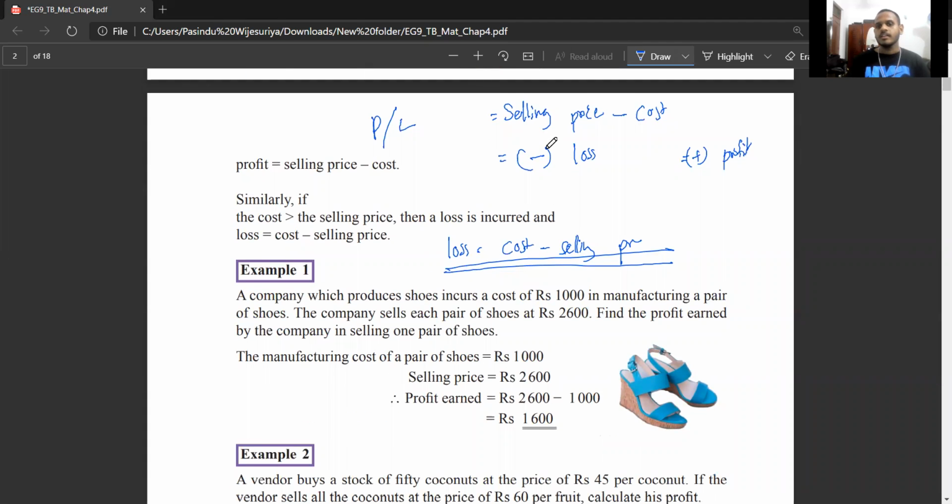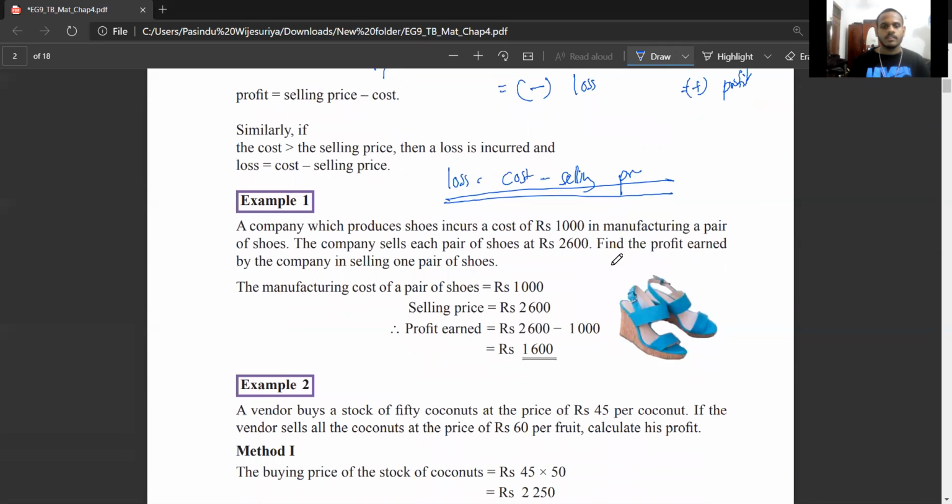It doesn't matter, but for you to identify whether it's a profit or a loss, if it's given in terms of the actual gap, then if it's negative, it's a loss. But if you are telling it in terms of a loss, you can say it as a positive figure. The loss is rupees 200, rupees 1000, whatever. And if it's a profit, it's anyway coming as a positive, like 1000, 2000, whatever the value.